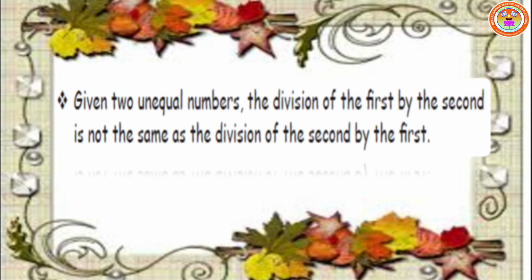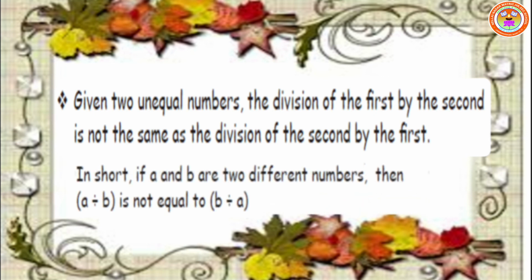Is it clear, students? Given two unequal numbers, the division of the first by the second is not the same as the division of the second by the first. Students, see, I told you A plus B is equal to B plus A. But this is not applicable for division, because A divided by B is not equal to B divided by A. This statement has to be false, especially in the division concept.